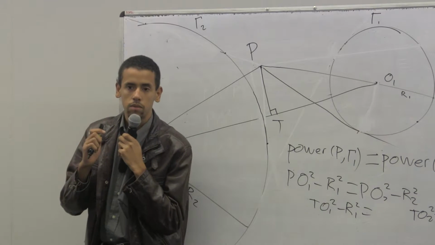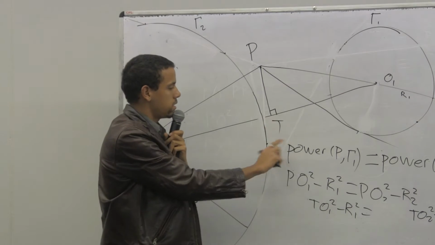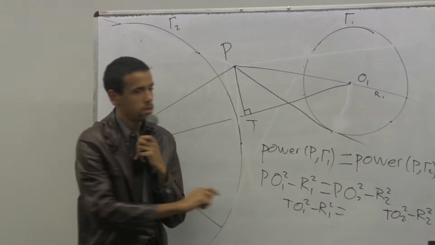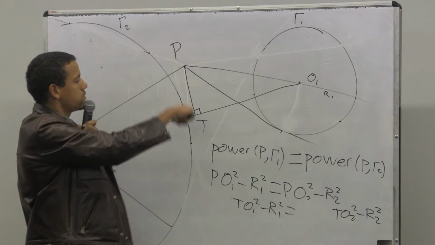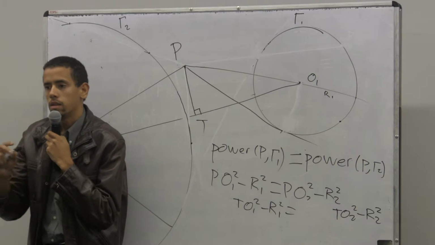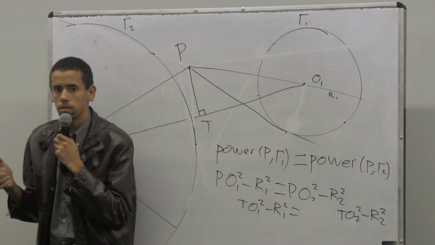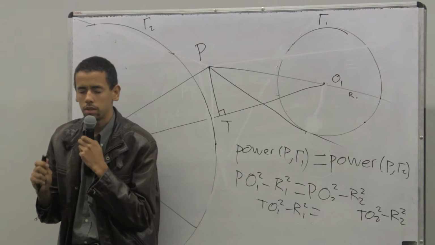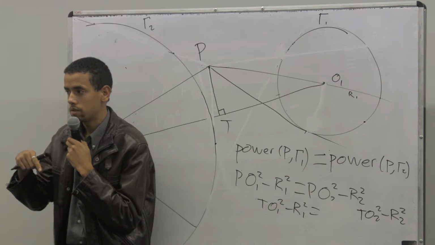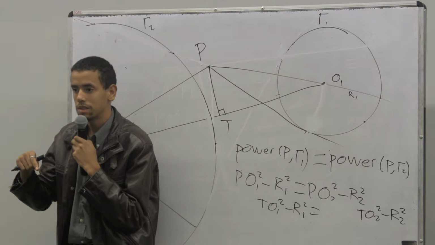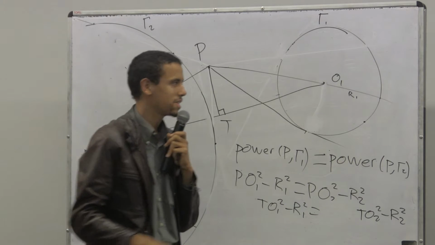So if you find one point T on here which satisfies this equation, then if you take any point P and you drop it and you get T, that point P will also satisfy it. Okay, that is confusing, right?